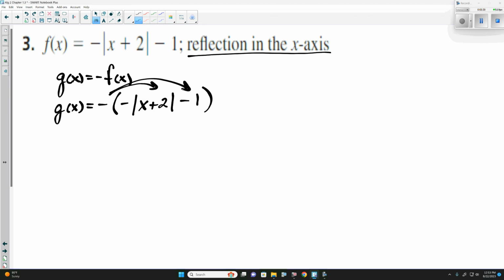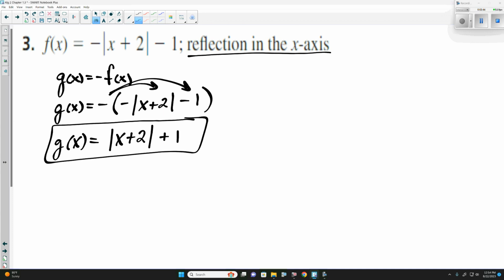When we multiply a number by an absolute value, it stays outside, so that negative will multiply by the negative out front. A negative times a negative is a positive, so we have just the absolute value of x plus 2. The negative in front of it became positive. And our negative times negative 1 would be plus 1. So there's our new function.